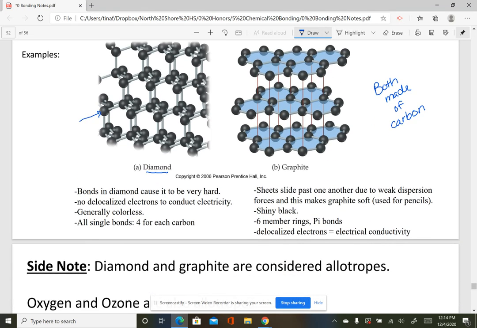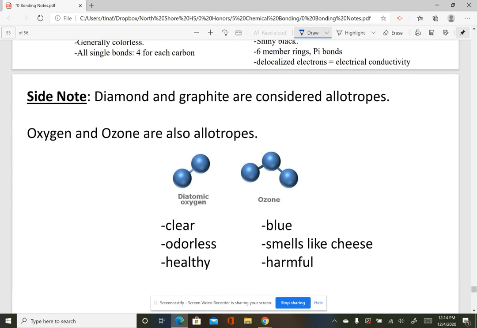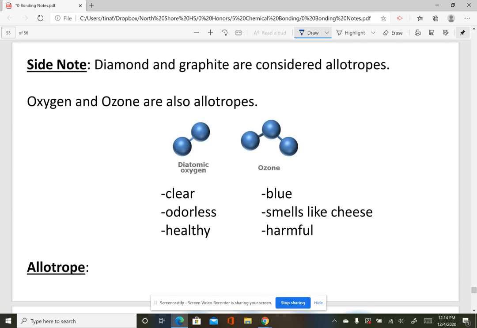Before we move on to anything else, this is just a little side note that's important to address. Diamond and graphite are considered to be allotropes of one another. You don't really have to know the word allotrope. Well, I know for the regions you don't, but you have to understand the idea behind it. To give you another example, oxygen and ozone are also allotropes of one another.